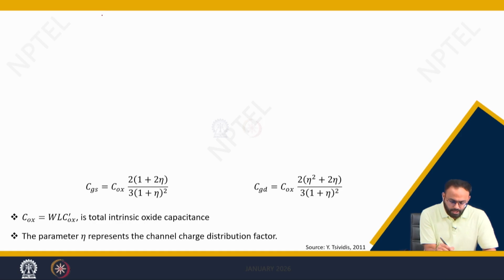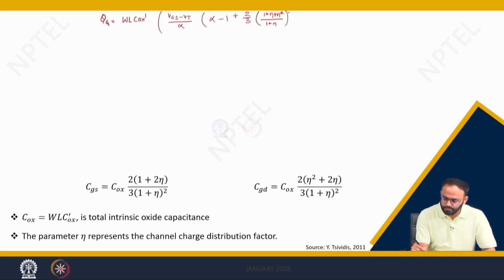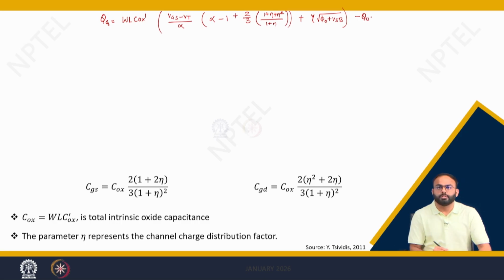So let me rewrite the equation as QG equals W into L into COX dash into VGS minus VT divided by alpha into alpha minus 1 plus 2 by 3 into 1 plus eta square divided by 1 plus eta, plus gamma times square root of phi naught plus VSB, minus Q naught.